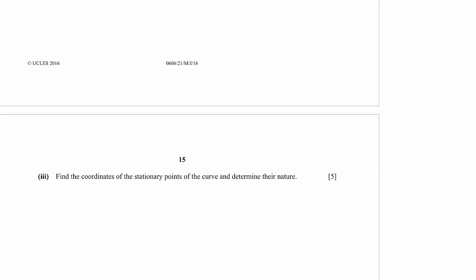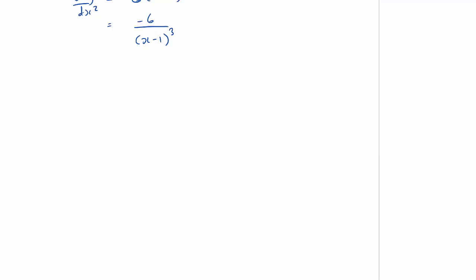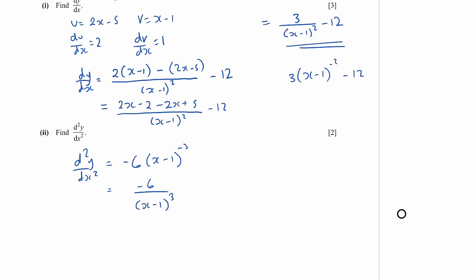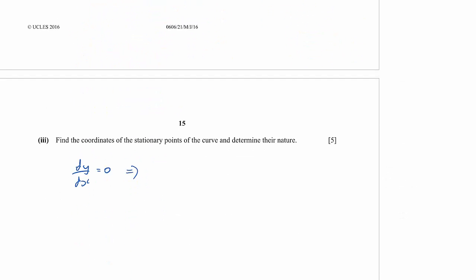So we want to find the coordinates of the stationary points of the curve, and determine their nature. So we want dy/dx to be equal to 0. Which means that 3 over (x minus 1) squared, take away 12, equals 0. So that gives me 3 over (x minus 1) squared equals 12.